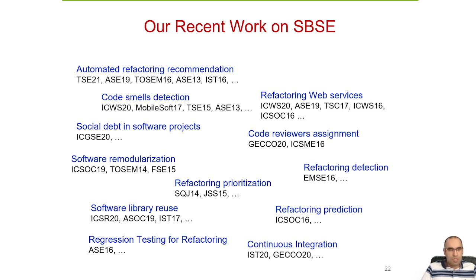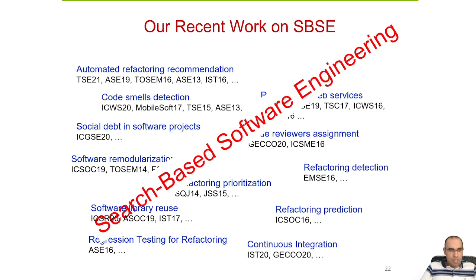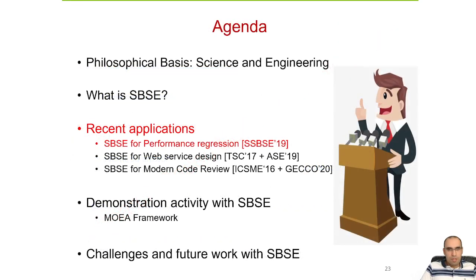We also recently used these techniques to detect social issues or social debt in software projects. In the next part, my colleague Mohamed Ouem will present some of our recent applications of search-based software engineering, starting with performance regression.